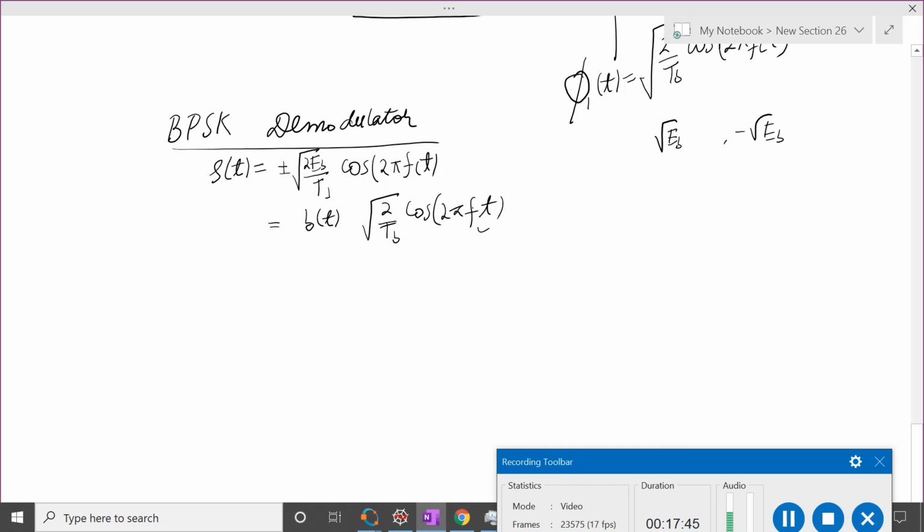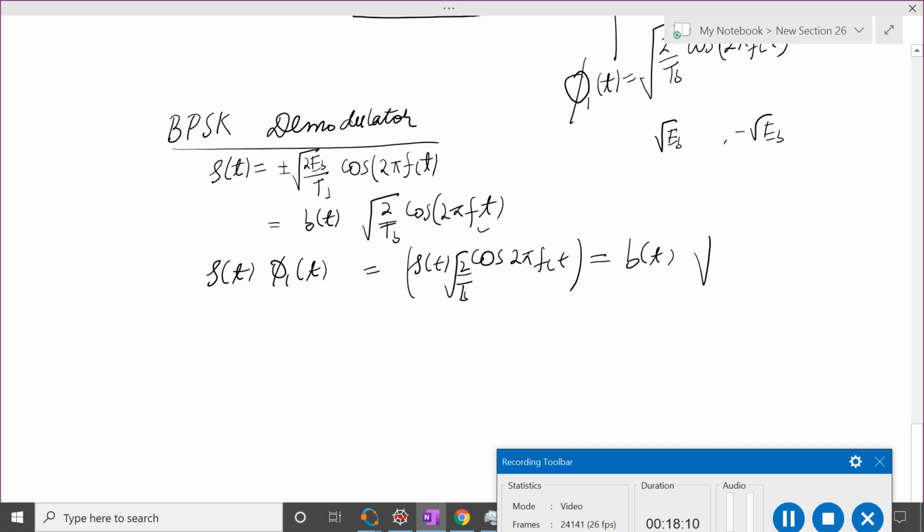Now the first thing we do, even in usual AM demodulators, is multiply back the carrier: S of t times phi 1 of t, which is B of t under root of 2 by TB cos 2 pi FCT squared.